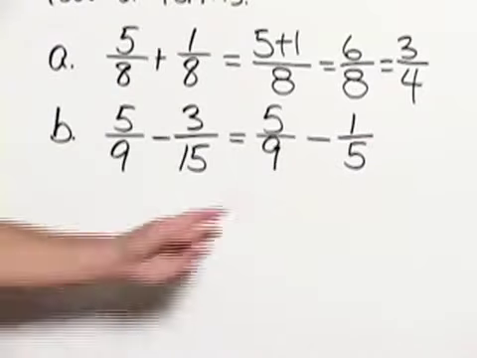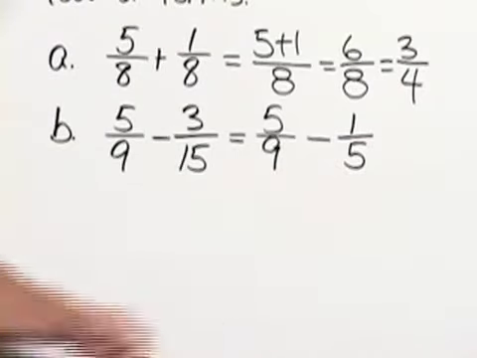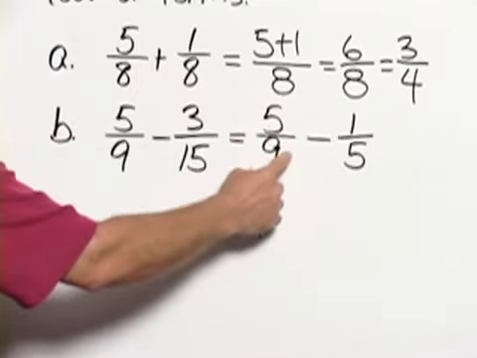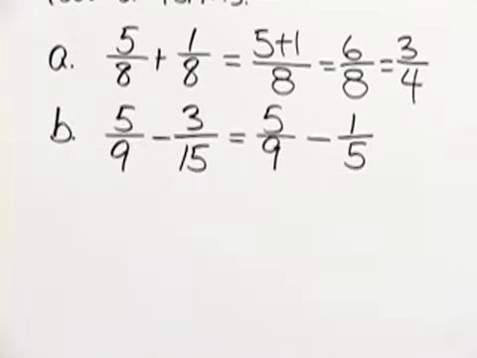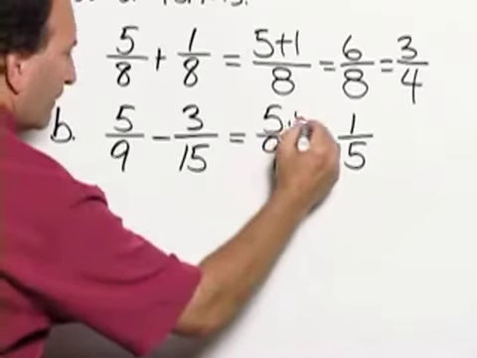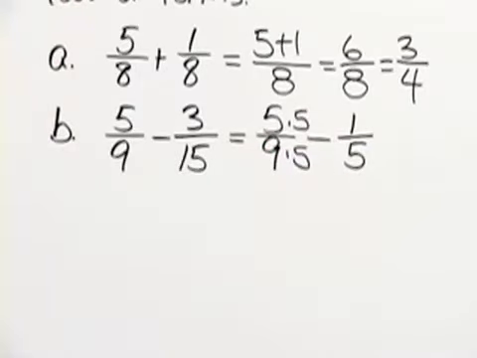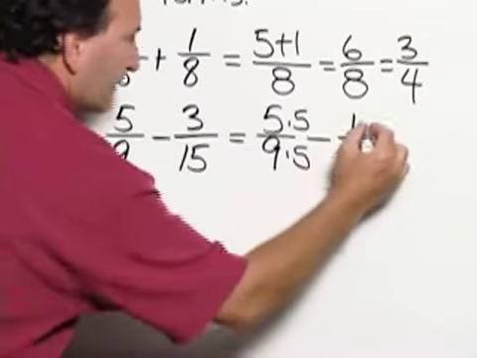Now we look for the common denominator between 9 and 5. That common denominator is 45, and therefore we need to multiply the numerator and denominator of this fraction by 5. For this fraction, we need to multiply numerator and denominator by 9.